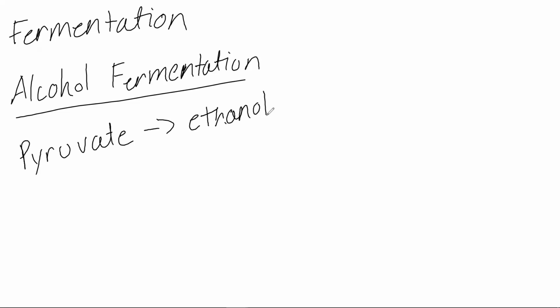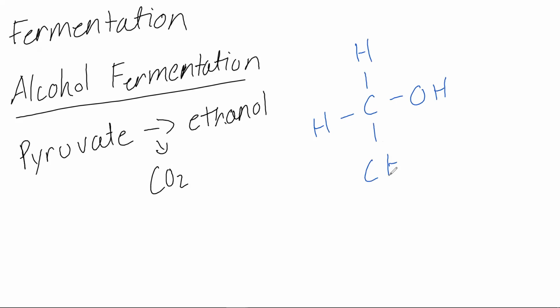And this releases some CO2. And ethanol, if you ever look at ethanol, it looks like this. Here, let me do it in blue. Or is that a double one? No, CH3. That is what ethanol looks like. So if you ever see that, that's an ethanol, and you know that it has done alcohol fermentation.